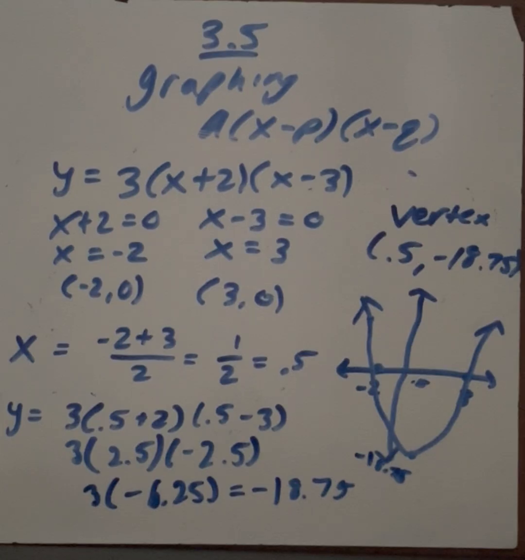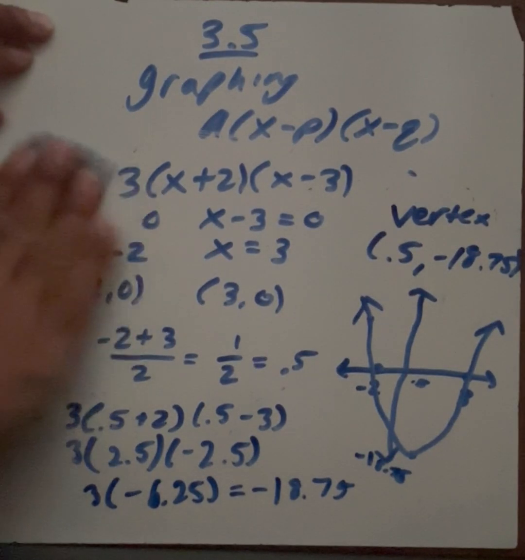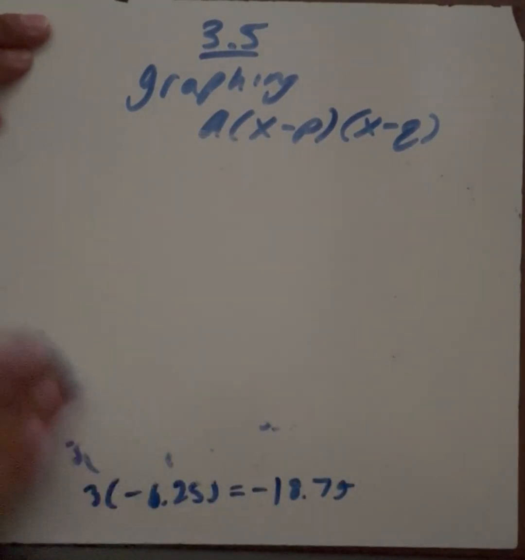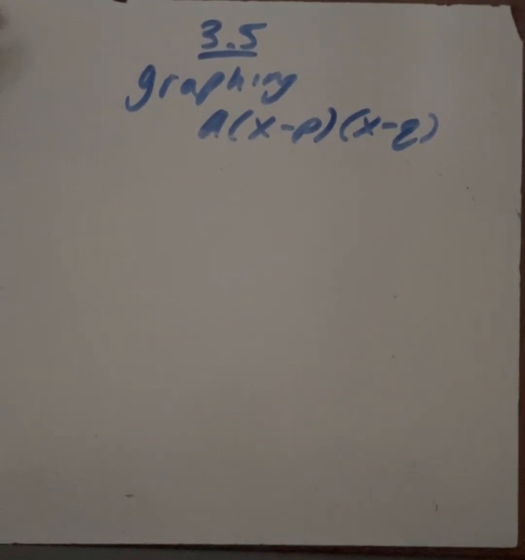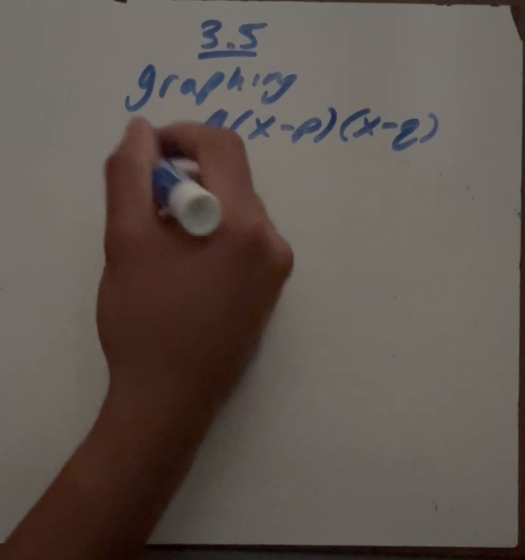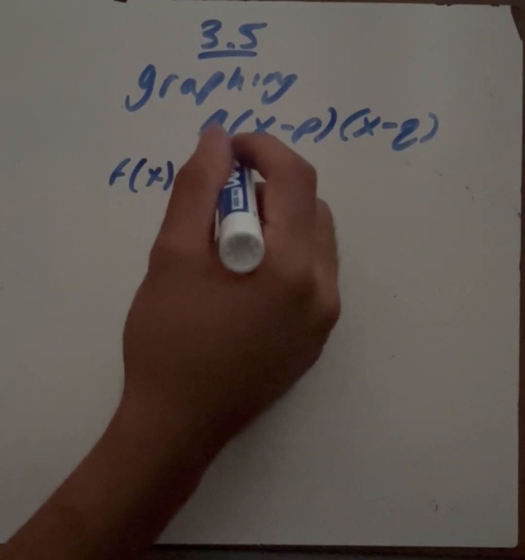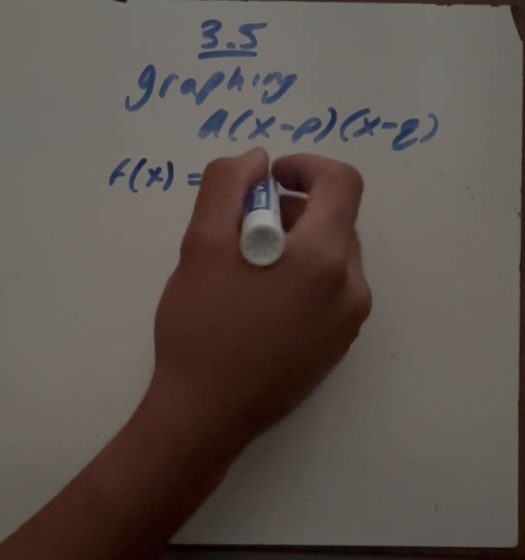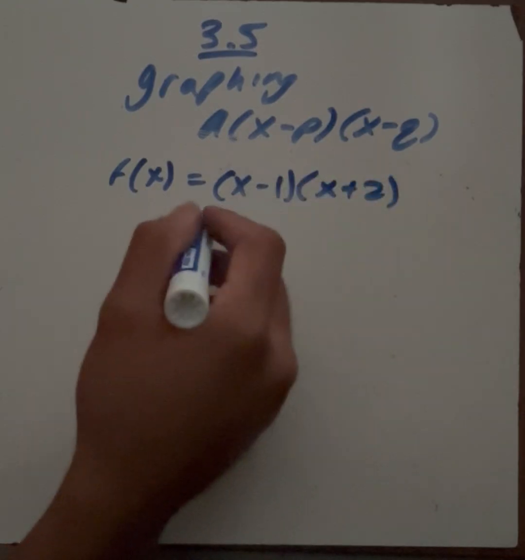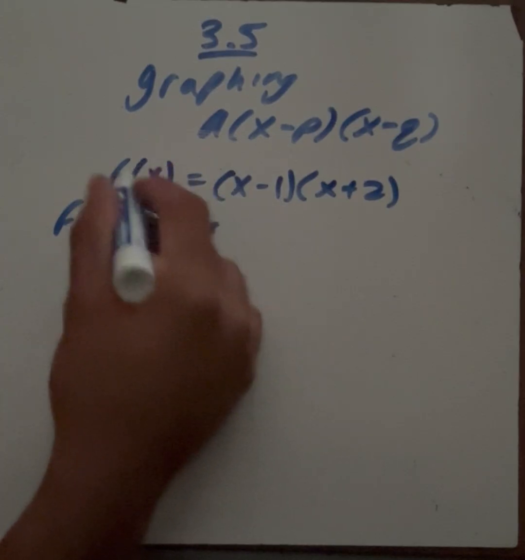Next, let's take a look at finding zeros of a function. If the question says find the zeros of f of x equals (x minus 1)(x plus 2), what we're going to do is say f of x is 0.